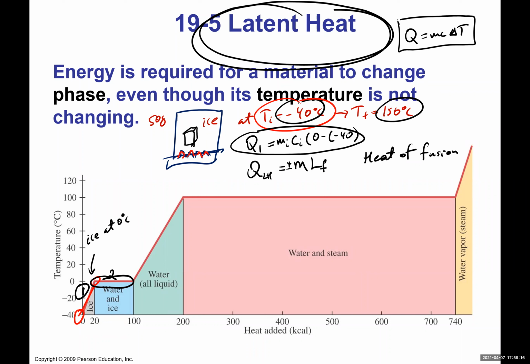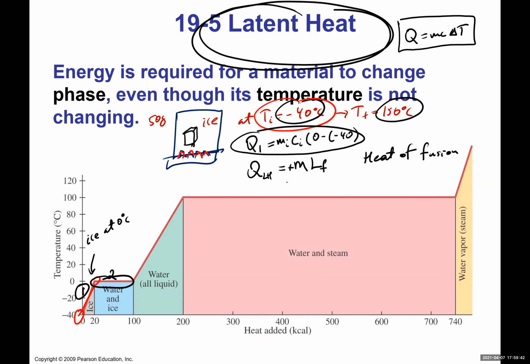If temperature decreases, delta T is negative, so Q is negative. But in terms of m times Lf, it doesn't have that. So you have to manually put positive or negative, depending on whether you're melting or freezing. Right now, because we're melting, we can put positive like that.